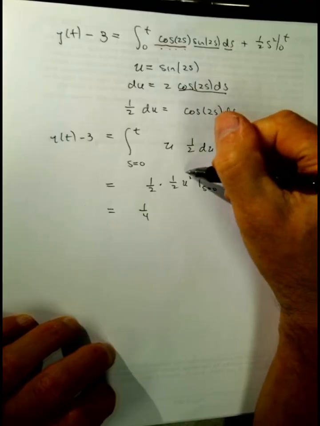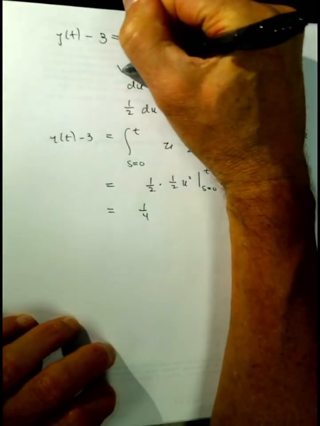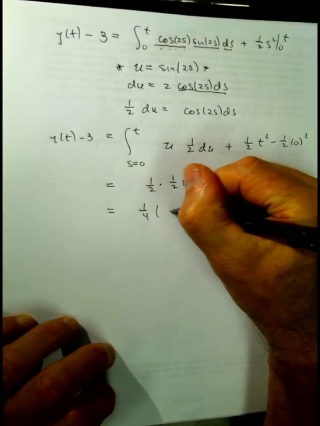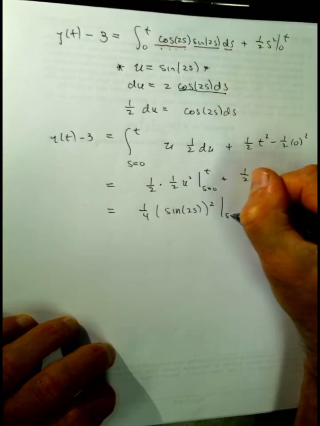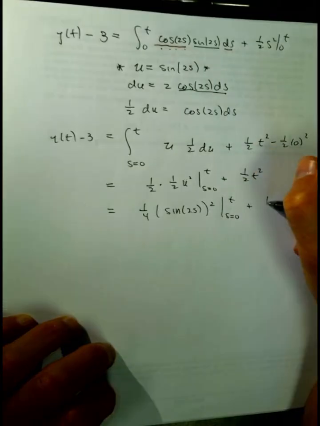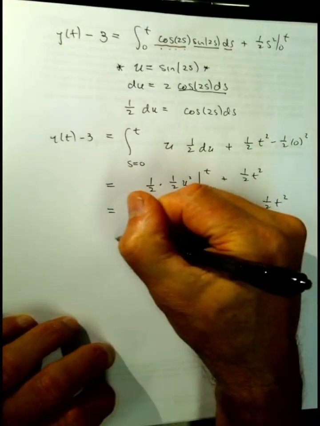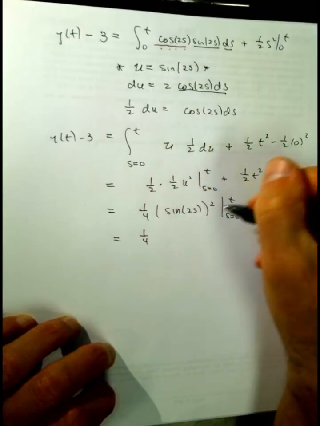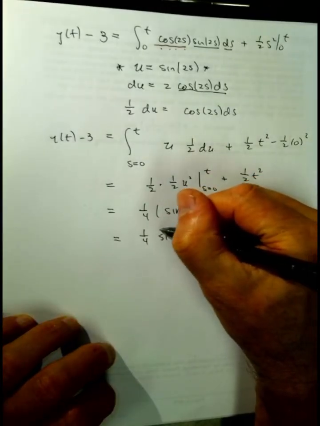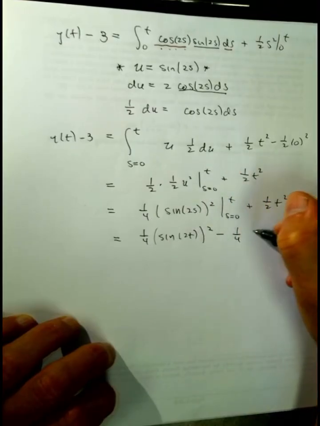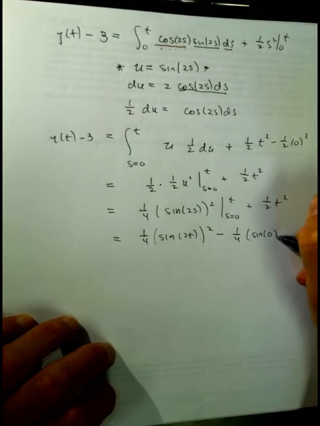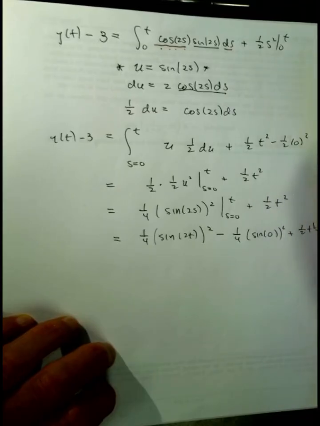Now this is in terms of s, so I'm going to bring back what my value for u is. So this becomes sine of 2s squared, where s goes from 0 to t. 1/2 t squared just follows. Now plugging in my bounds, this is 1/4 sine of 2t squared minus 1/4 sine of 0 times 2 squared plus 1/2 t squared. Oops, maybe more careful, 1/2 t squared.